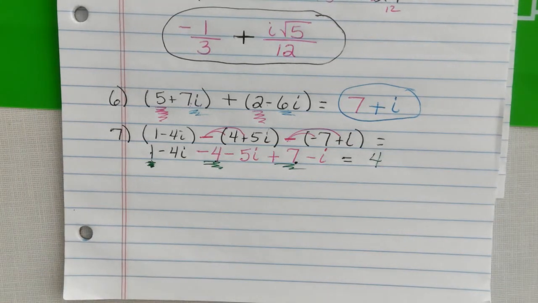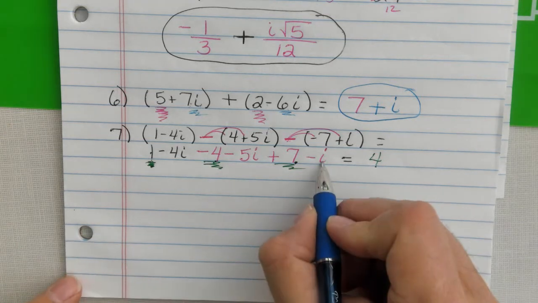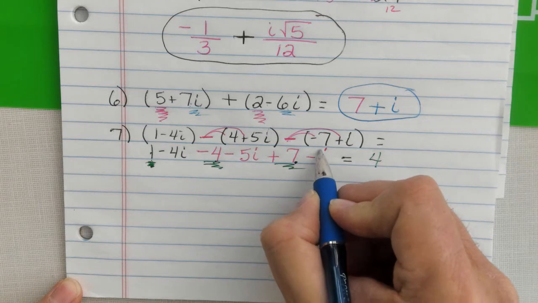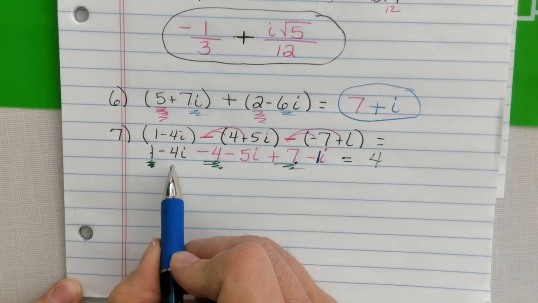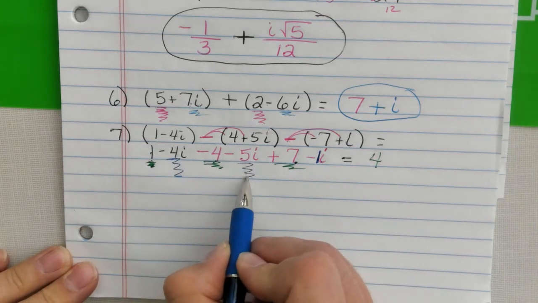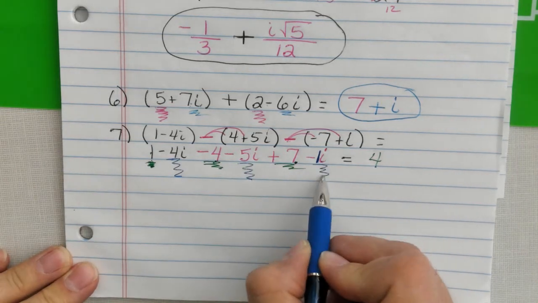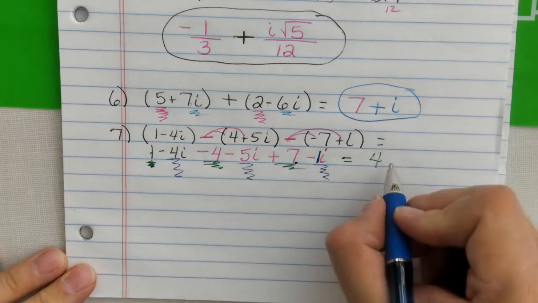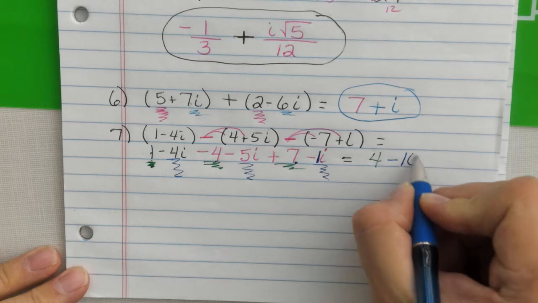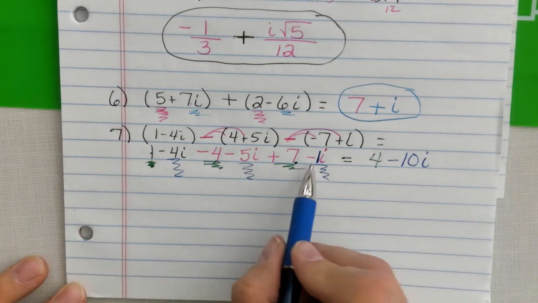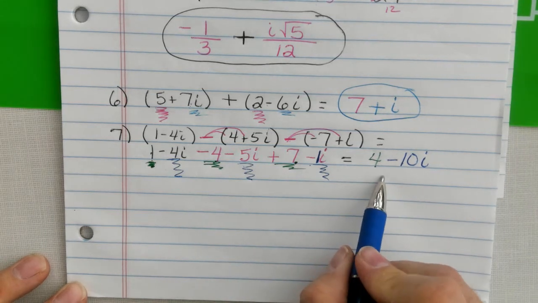Now let's combine the i terms, keeping in mind that this i right here, where there's not a number in front of it, there's still a 1 there in front of it. So we have negative 4 plus a negative 5 plus a negative 1. Minus 10i. Negative 4 plus a negative 5 is negative 9, plus a negative 1 is negative 10.